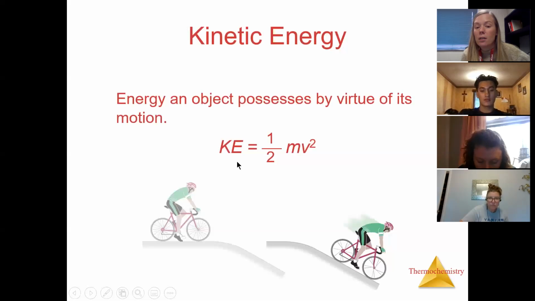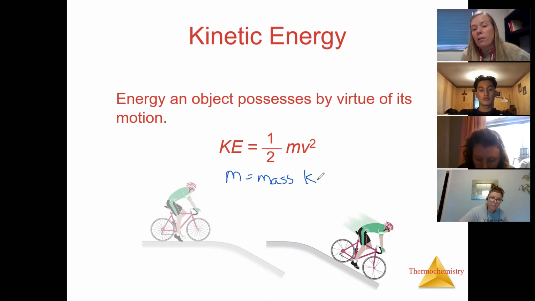Kinetic energy is going to be equal to 1/2 mv squared. And m is mass, and it's specifically mass in units of kilograms. So when we're using this equation, we want to have that in kilograms.